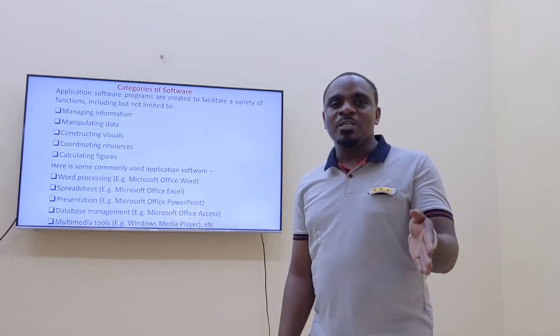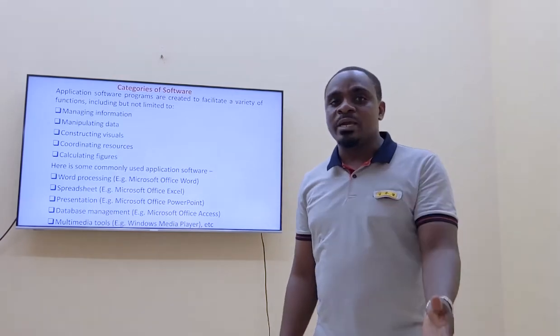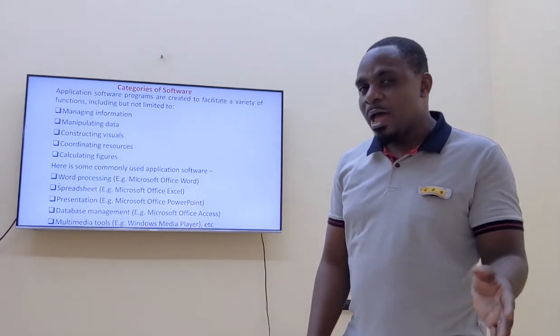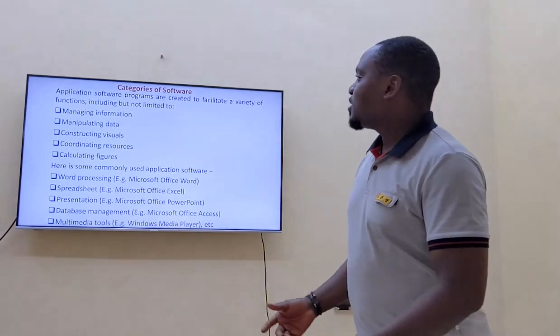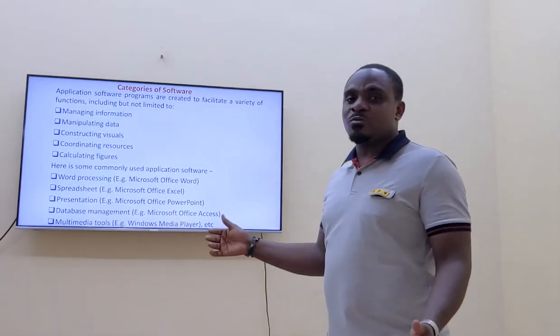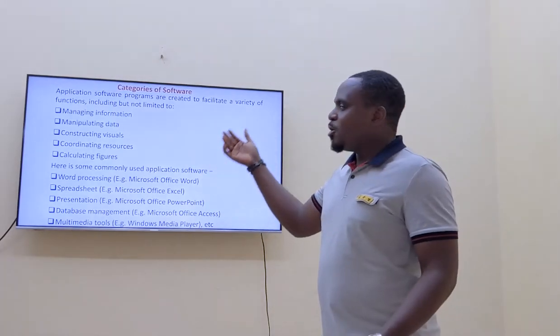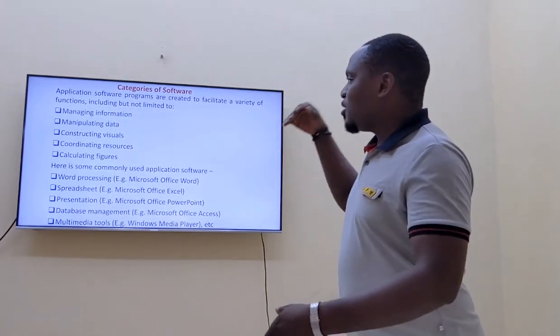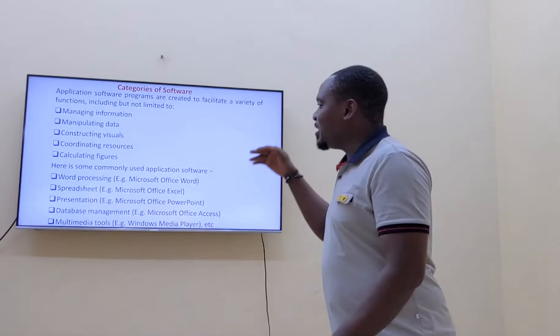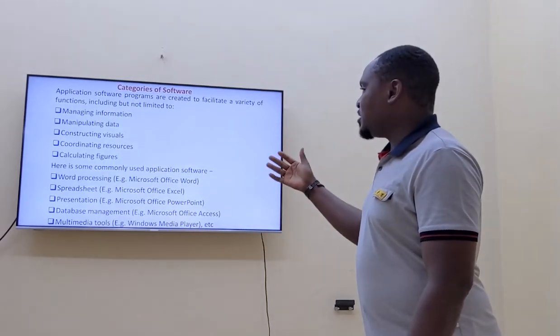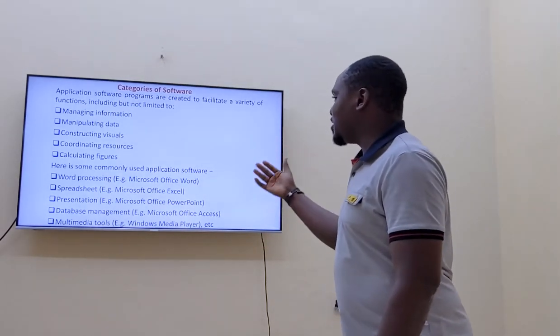And the major part, the one we are most concerned with as users, is application software. Now, we're saying that application software can help us manage information, manipulate data, construct visuals, coordinate resources, and calculate figures. And here are some commonly used application software.